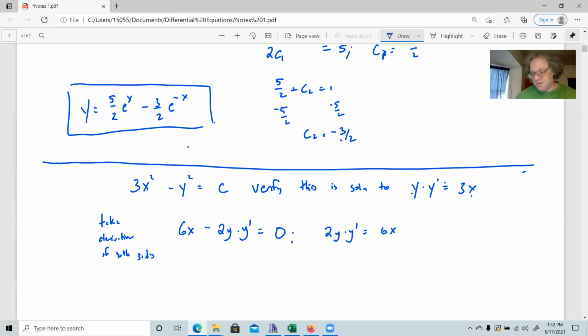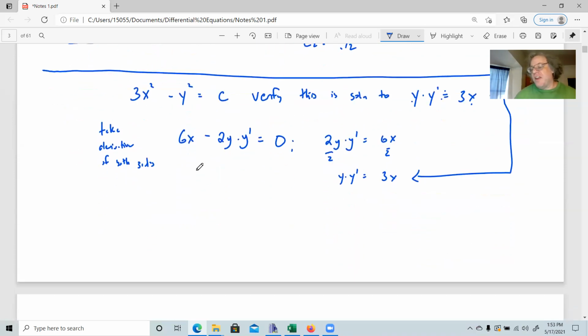Divide both sides by 2. We have y times y prime is equal to 3x. That's exactly what we wanted to show. So yes, this is a solution to this differential equation.